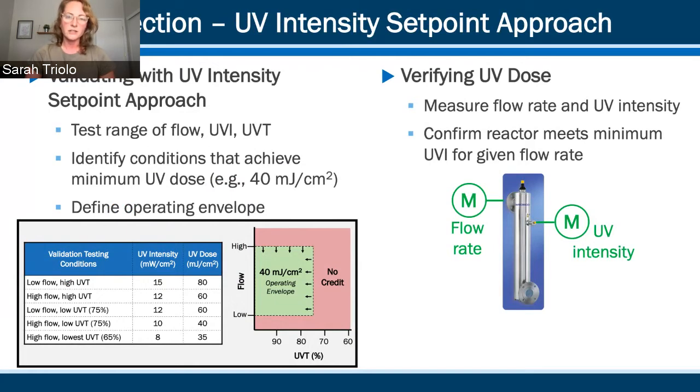And then you're measuring the UV intensity, and the UV intensity measurement can account for changes in UVT. The nice thing about using the UV intensity set point is you just measure the UV intensity, and that accounts for a lot of factors that could affect your dose delivery. So you use that one set point to tell you, are you within your operating envelope or not?